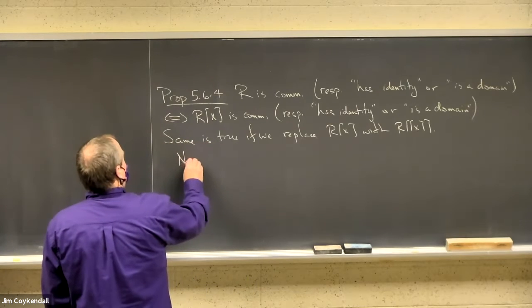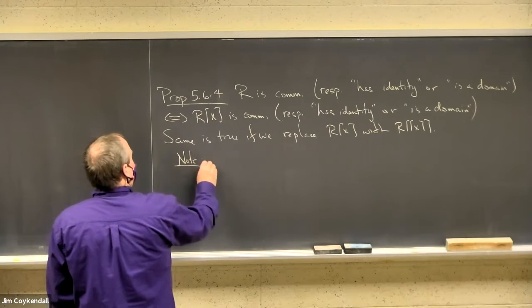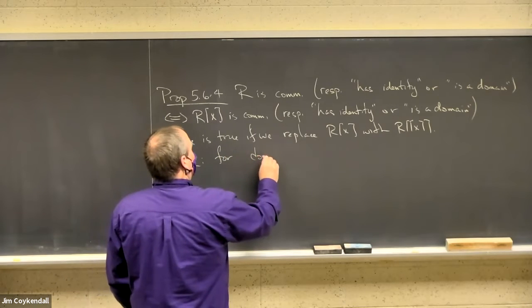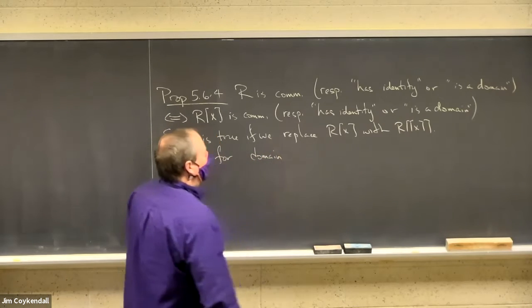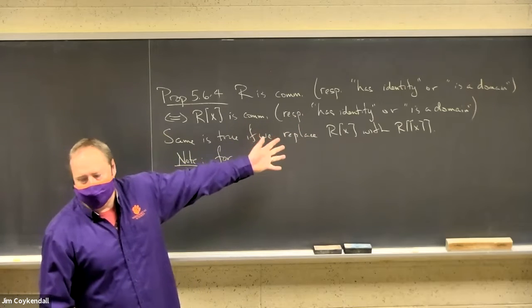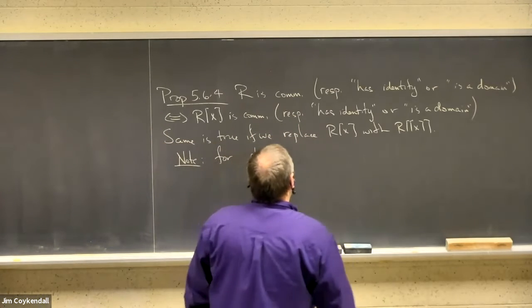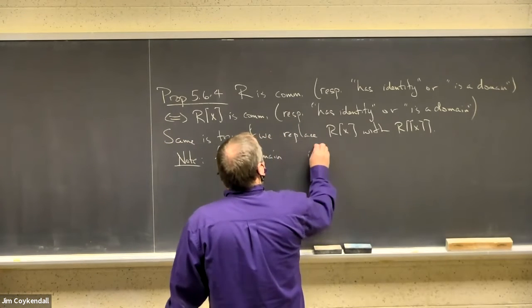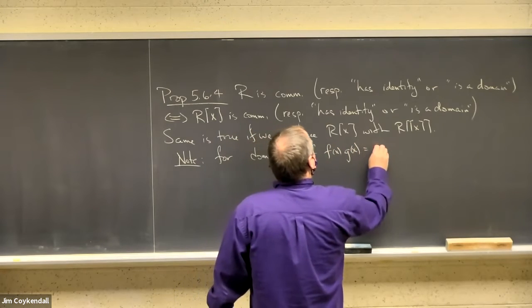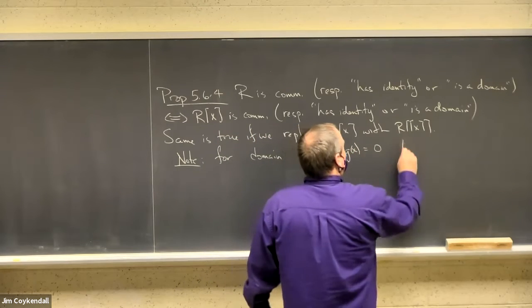So note for domain, if R has an identity, then so does R[x], and our power series ring has the same identity. No problem there.